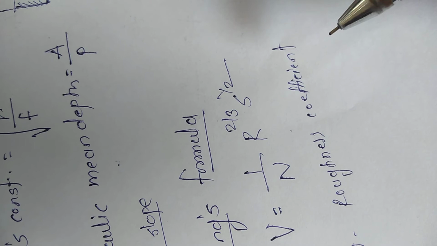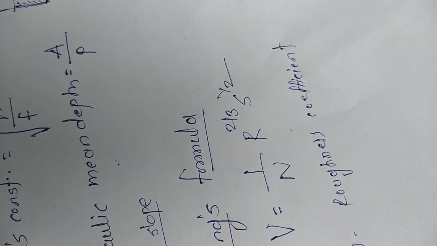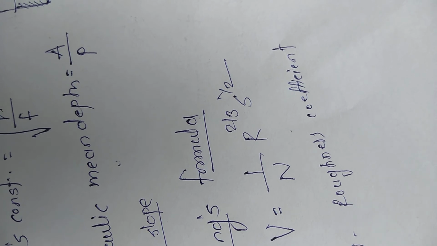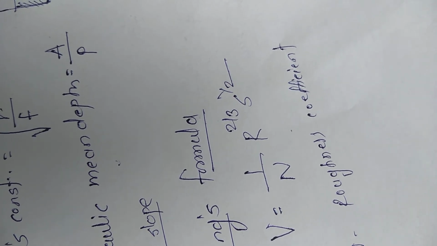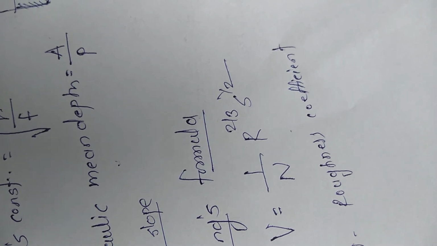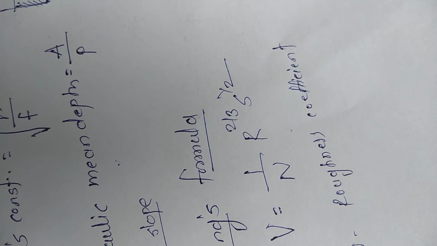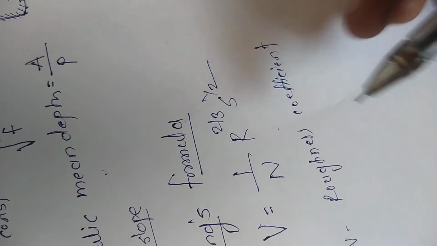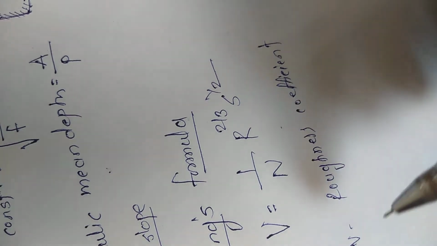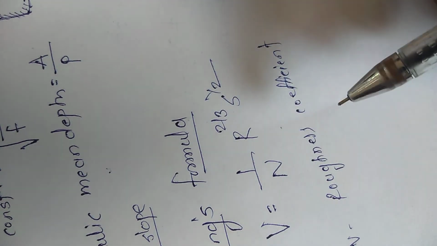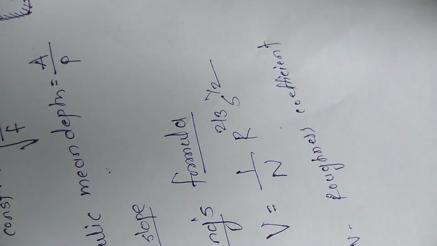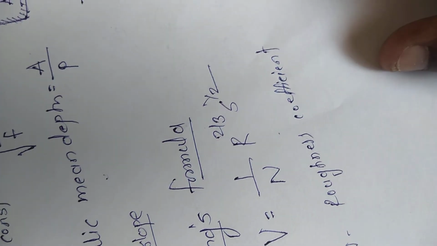For example, if our channel bed is smooth cement plaster or planed wood, these give different roughness coefficients. If our channel lining is brick lining or stone lining, the roughness coefficient is also different. So the parameter n depends on which type of lining is used in the channel.